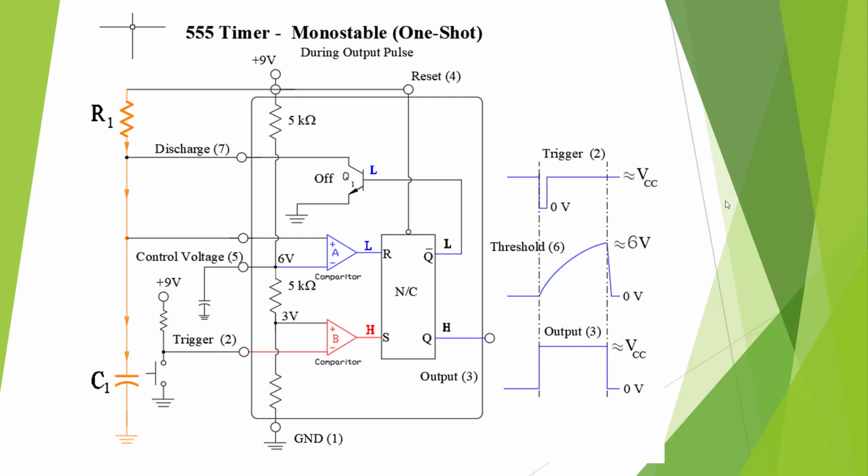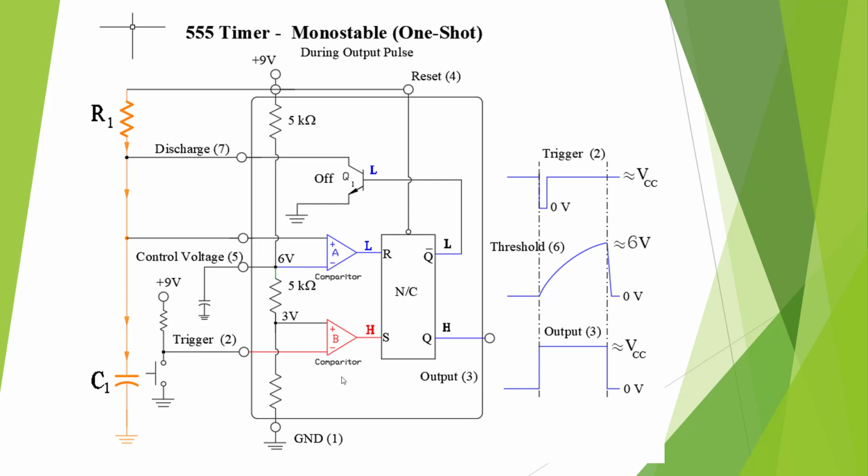Here's the inside workings of a 555 timer in the monostable. You can recognize the monostable because it has one external resistor and one capacitor. It's going to charge this capacitor through this resistor. So this RC time constant is going to allow us to charge and discharge between these 2 points here.